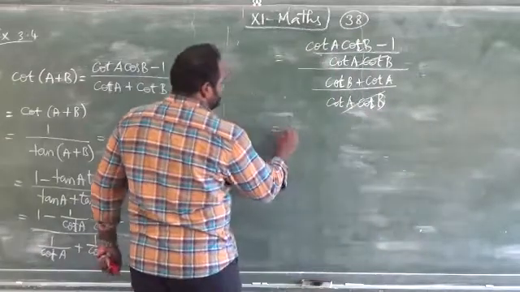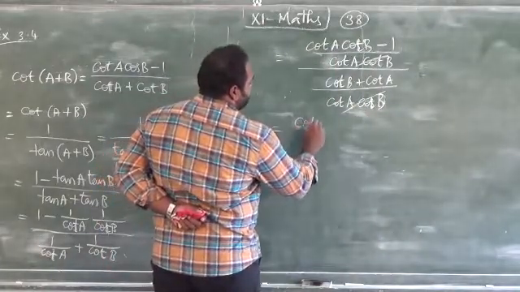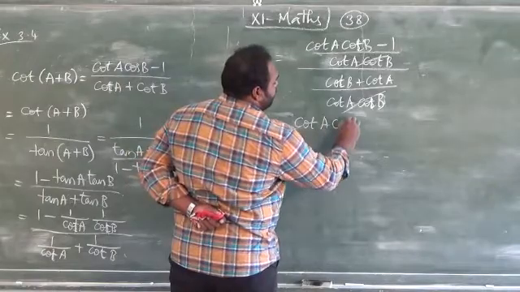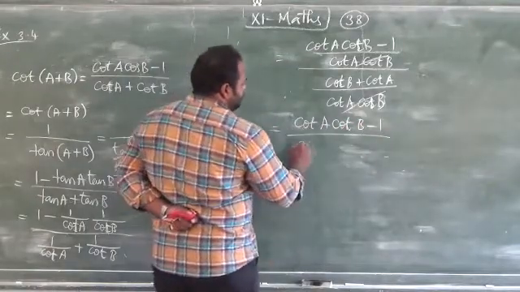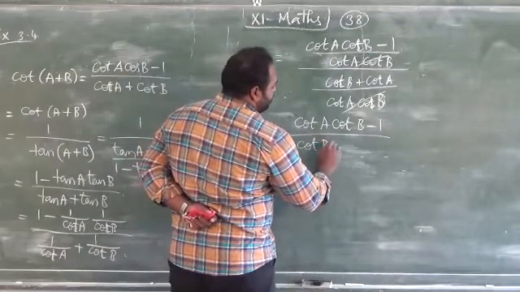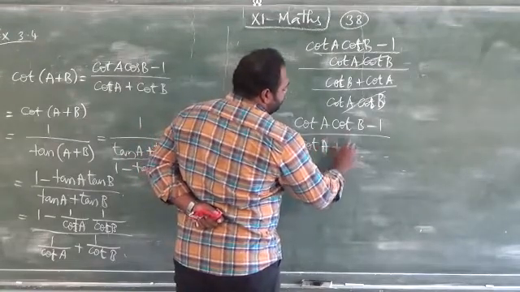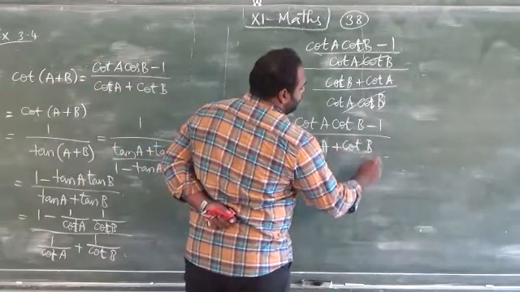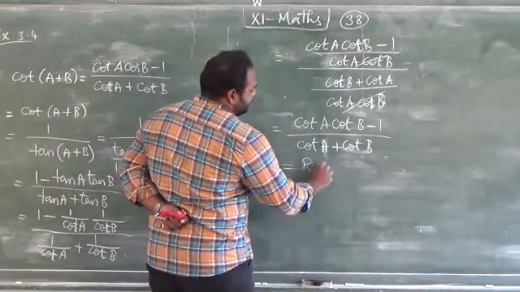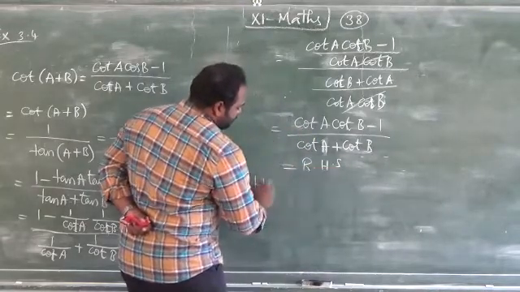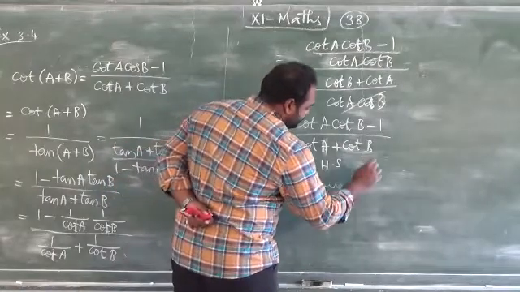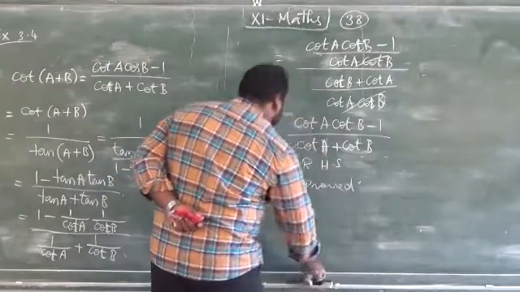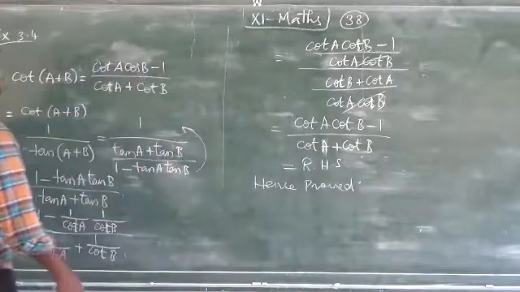Then the remaining numerator is cot A cot B minus 1 divided by cot A plus cot B. It is the right hand side, hence proved. So problem number 21 is over.